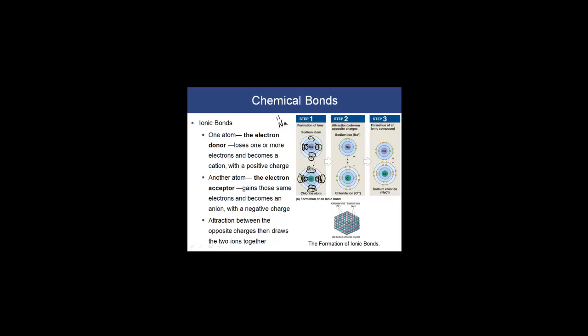In the case of the chlorine atom here, it is much easier for it to gain 1 electron. When it does, it becomes an electron acceptor. It is actually obtaining that electron from sodium, which is the electron donor, and it becomes a negatively charged ion or an anion. Let's write that out.